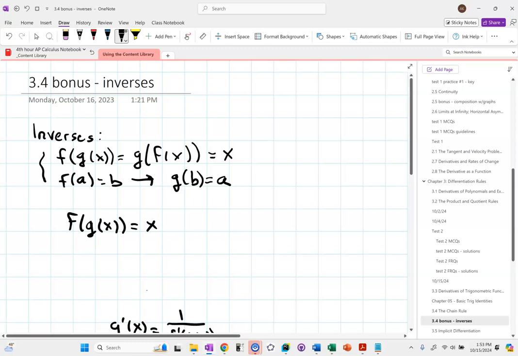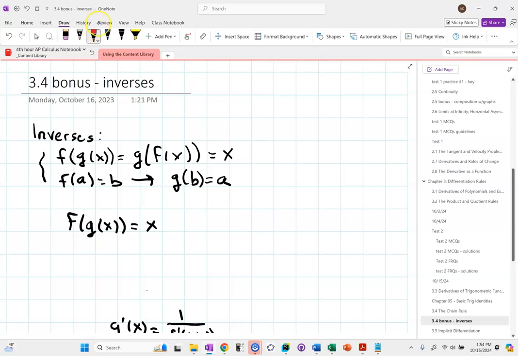If I do the composition both ways, I get x. And that f of a gives me b, then g of b should give me a back, right? That g should undo everything that a did. So take a's output and return it back to its input. Everybody's okay with that idea?